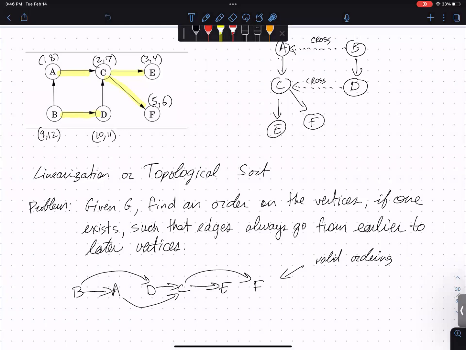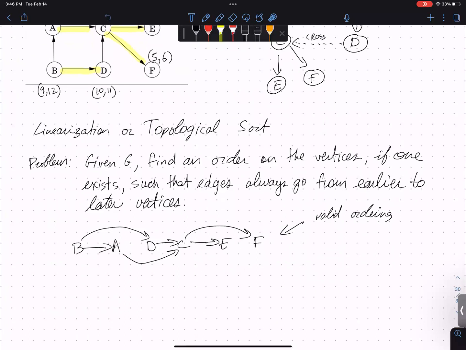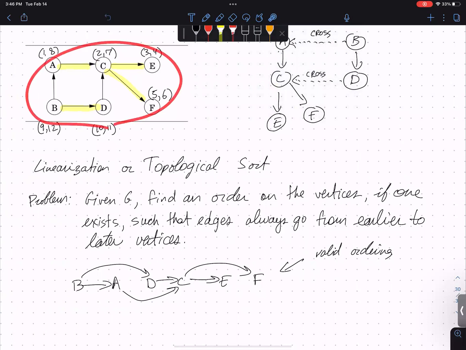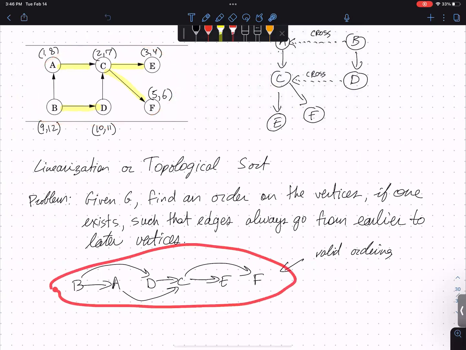Okay, so that's the problem, that's the motivation for it. Now, how about an algorithm? It turns out this is very closely related to whether a graph has a cycle. Notice that here, there's no cycle, and there's a linearization.